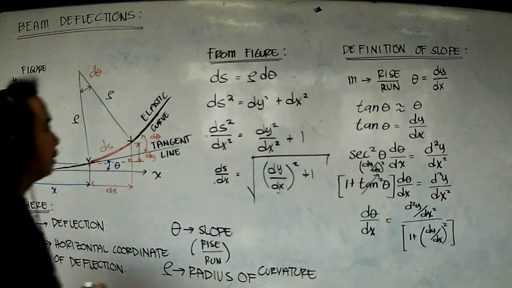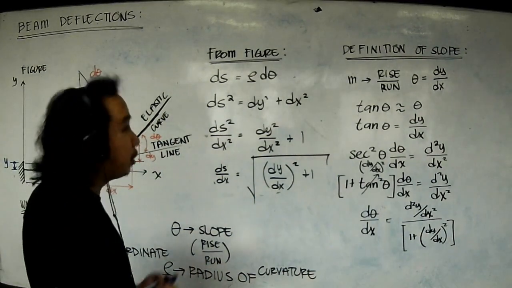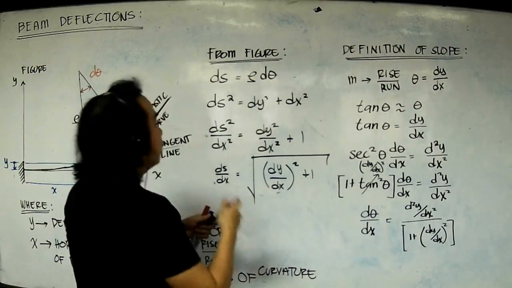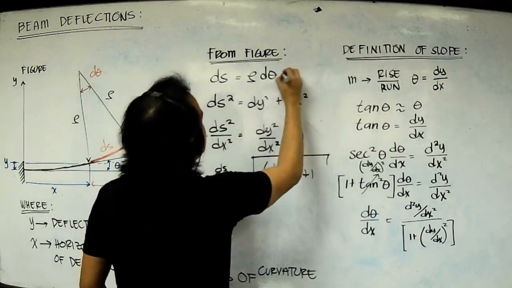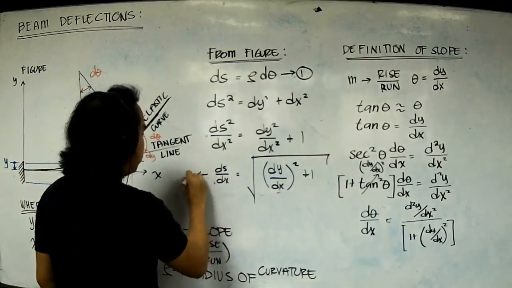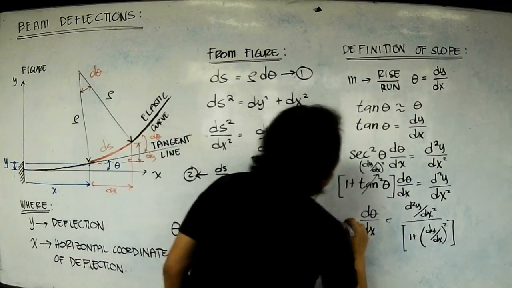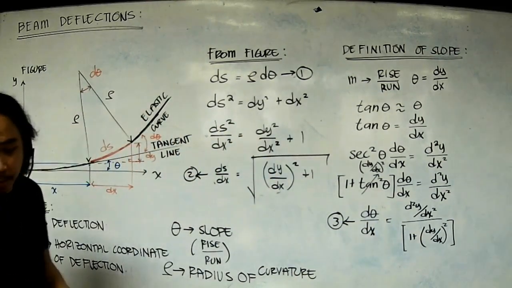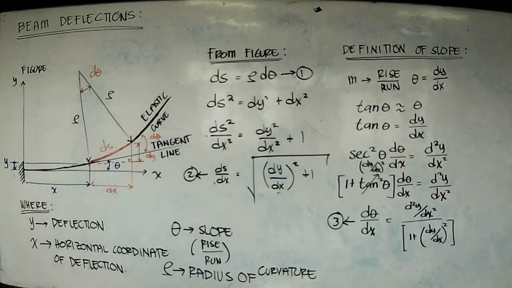Okay? Now, I want to play with these. I'll just call this equation 1, call this equation 2, and equation 3. Let's try to combine these terms and play with them.